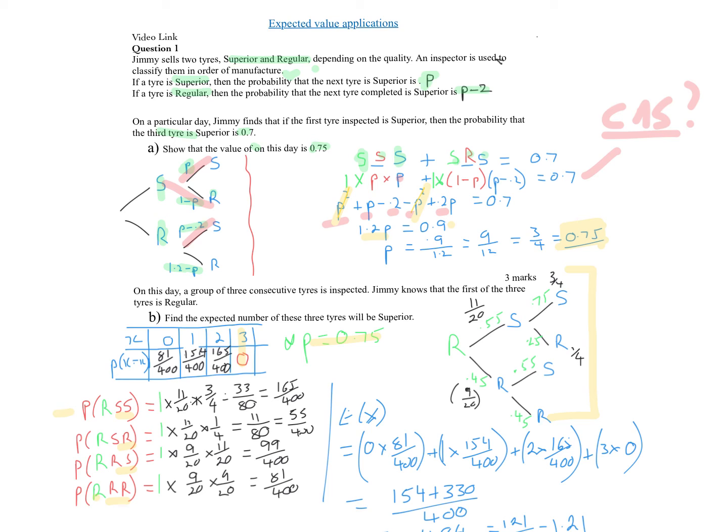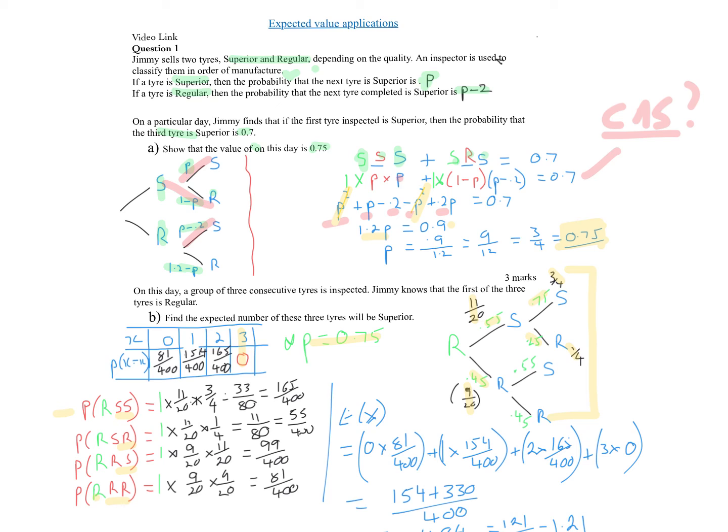R to R is 1.2 minus P, which gives me 0.45. Those are my probabilities, which I've turned into fractions, 11 on 20 and 9 on 20, because I've decided to go through this without a calculator. If you've got a calculator, you would type them in straight away. S to S is equal to P, which is 0.75, which is 3/4. And so that makes S to R 0.25, which is 1/4.